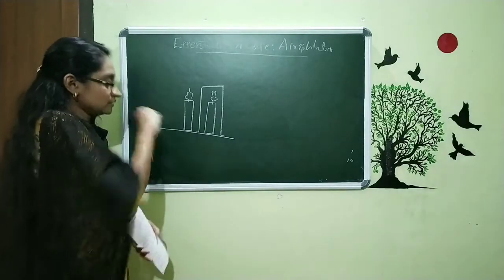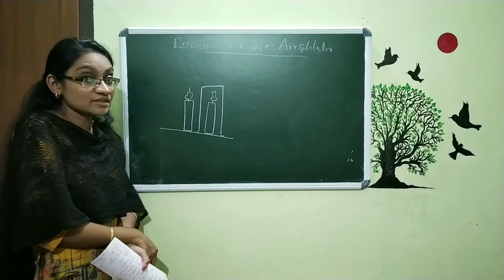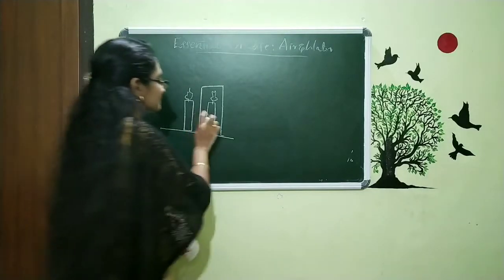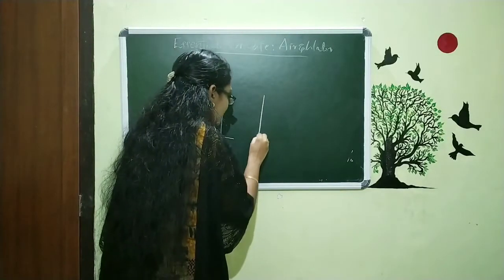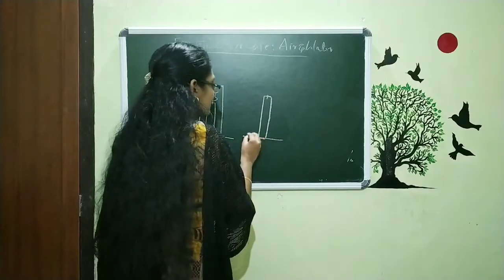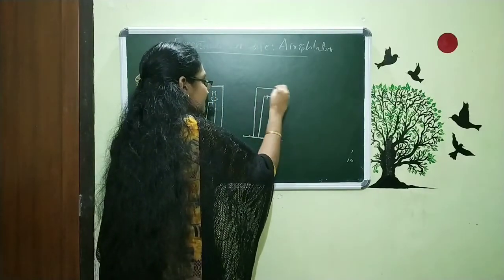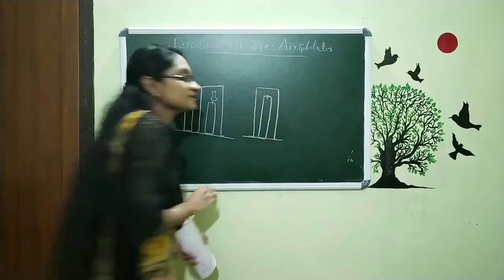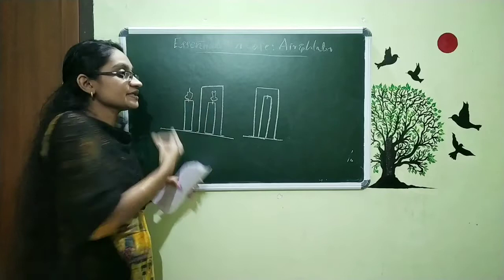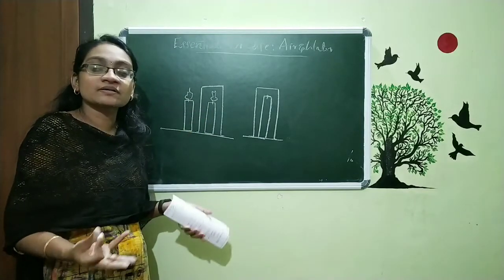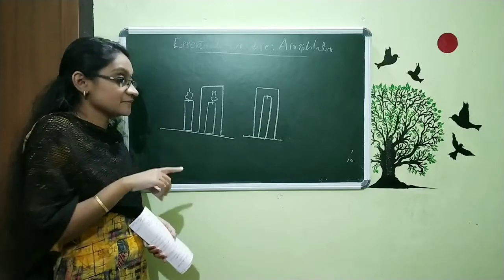And what you can see after some time, I am going to draw what happens. This is our candle, this is our inverted glass. But after some time what happens? The candle light will stop. Why? The reason is very simple.